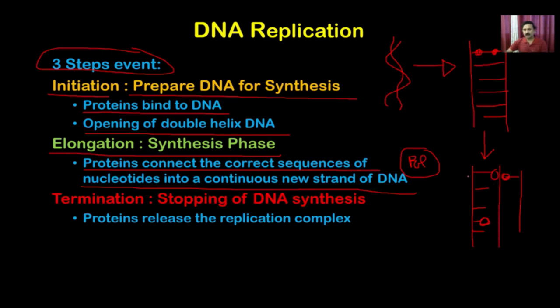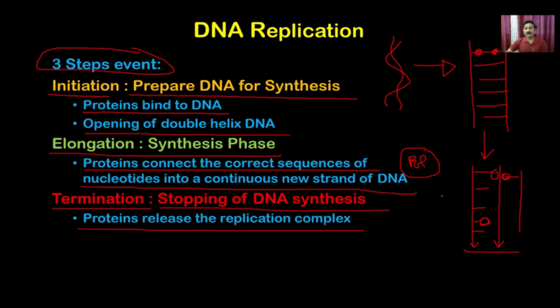This process is going to continue until the enzyme reaches the end of the strands, and once it reaches the end of the strands, the DNA polymerase is released from the replication complex, and the process is going to terminate, and it is going to stop the DNA synthesis.